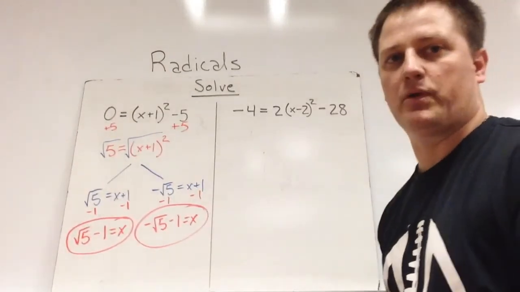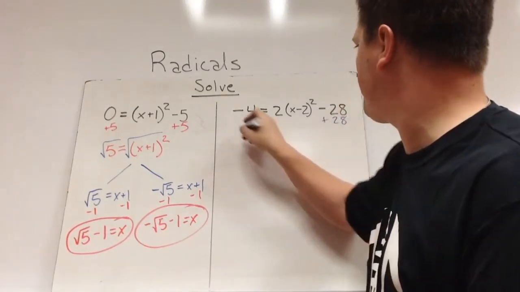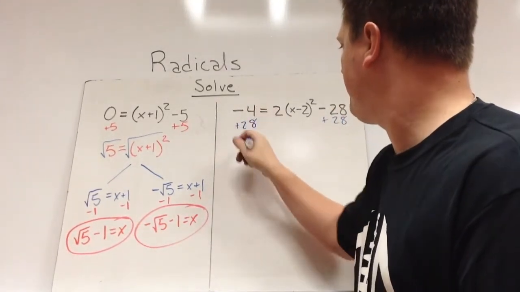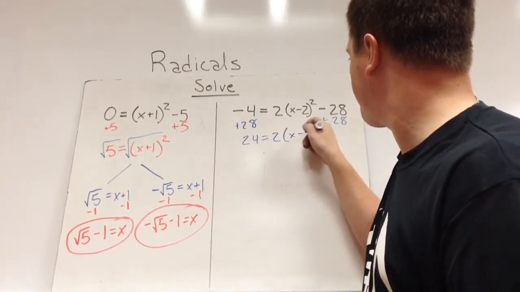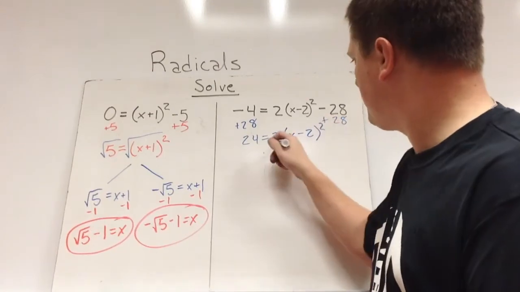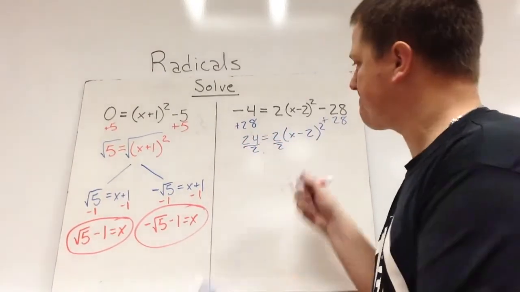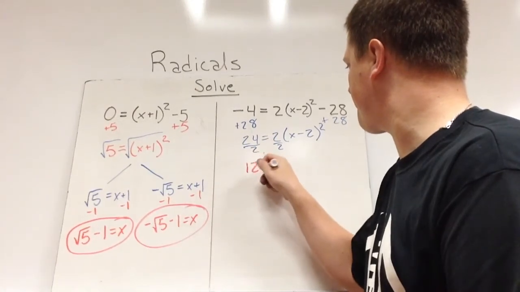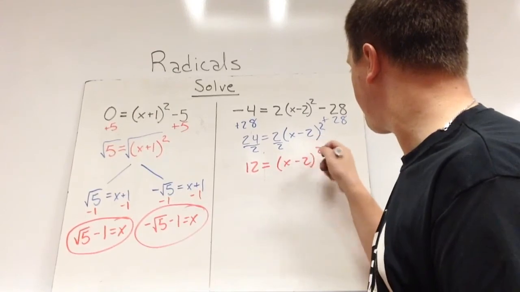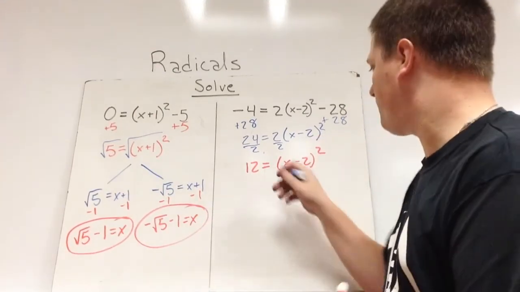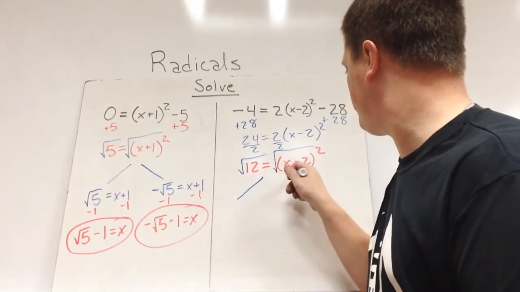Now we've got a little bit more difficult problem. I'm going to add 28. And divide by 2. Now I'm going to square root. That's going to give me 2 answers.